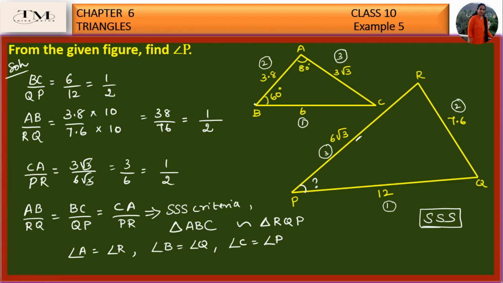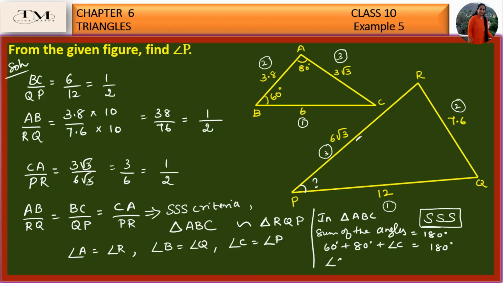Consider the triangle ABC. What is given? Two angles are given. What do you know about triangles? The sum of the angles is 180 degrees. So in triangle ABC, the sum of the angles equals 180 degrees. 60 plus 80 plus angle C equals 180 degrees.